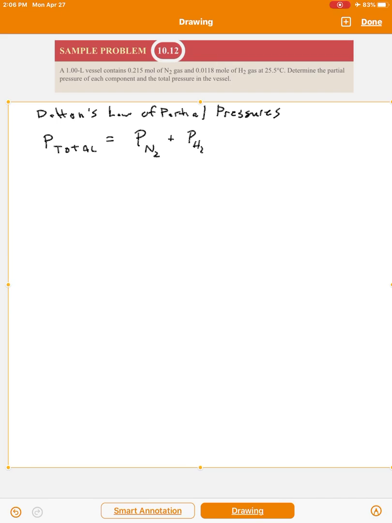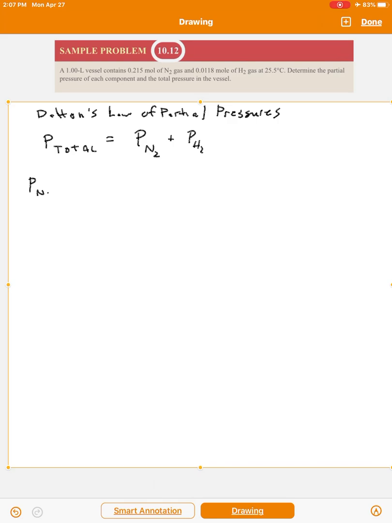For the properties of gases, this is a nice thing because if you have mixtures and you want to figure out the total property, in the case of pressure here, it's very simple. You just figure out each one separately and then add them together. Very nice. So we'll just go through it using the ideal gas law.